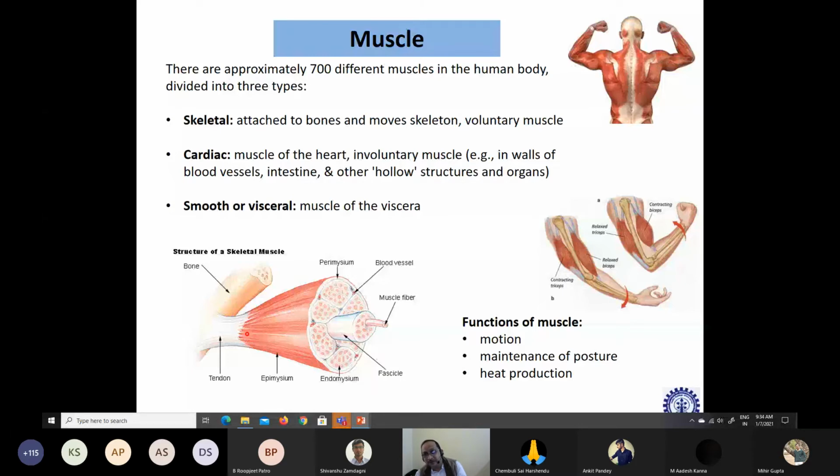The different functions of the muscle can be summarized as motion. It is the primary musculoskeletal element that is responsible for motion, maintenance of posture, and it is also responsible for heat production.